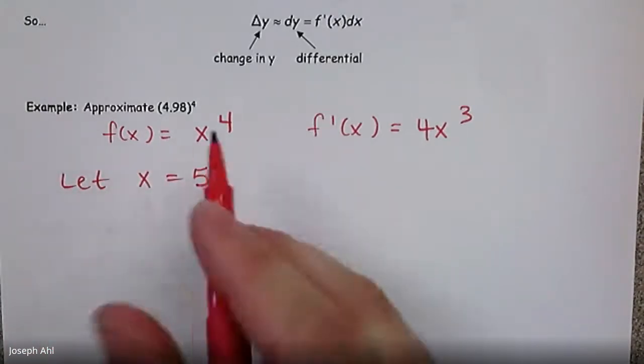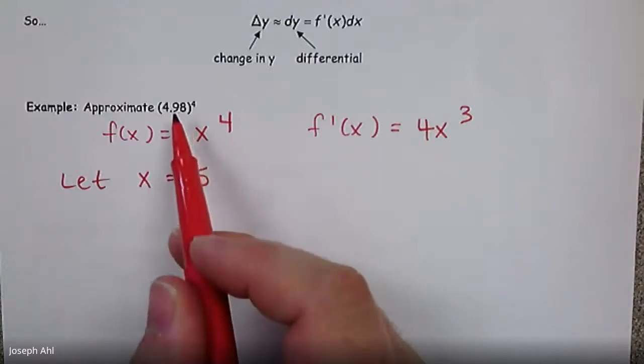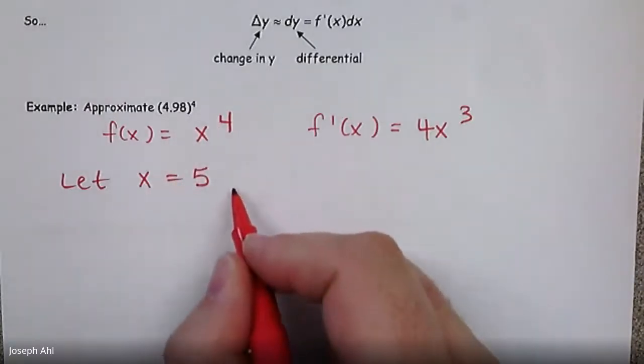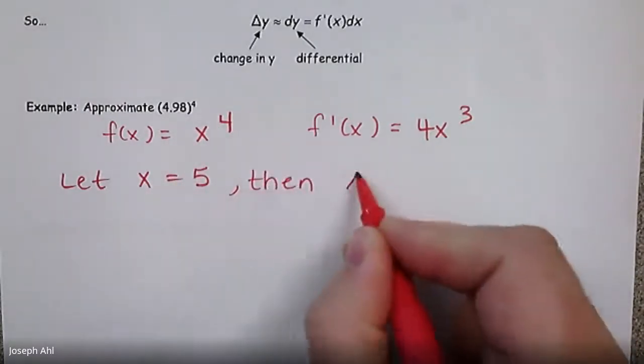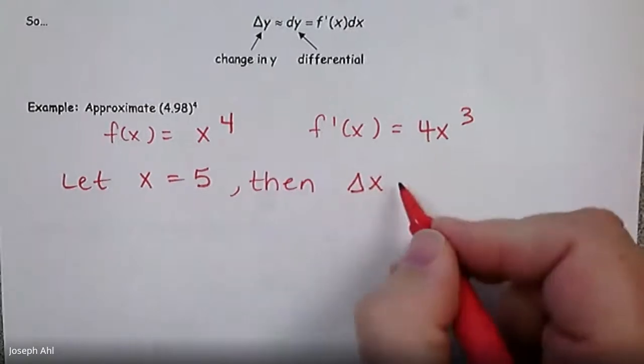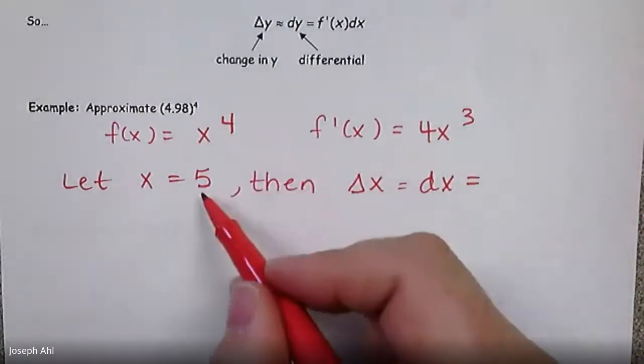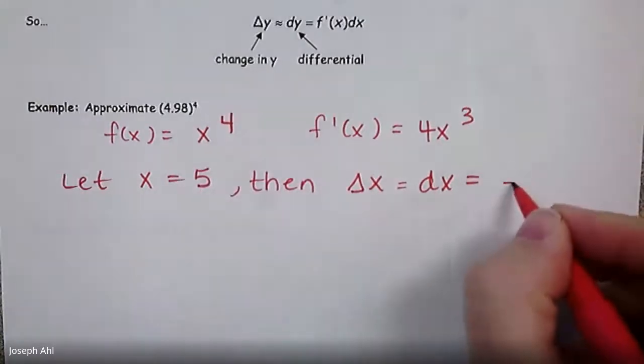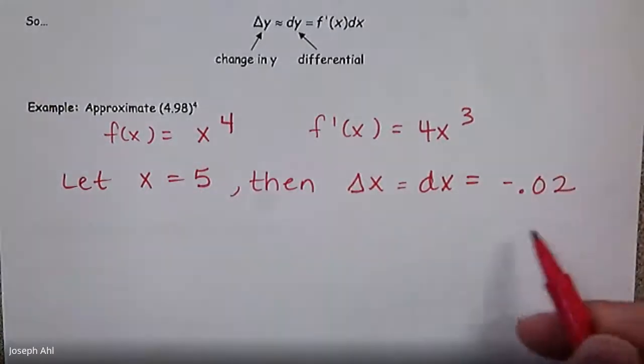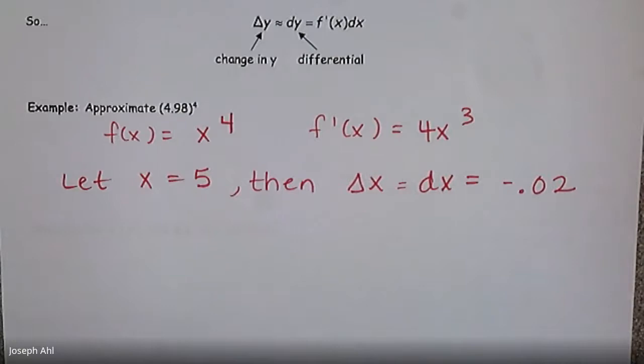So if we let x equal 5 to be that point that's really close by to x equals 4.98, then we would have that delta x, which remember is our dx in this case, if you subtract 4.98 minus 5, that's negative 0.02, right? That's our change in x. And that dx part in this case clearly can be a negative amount.